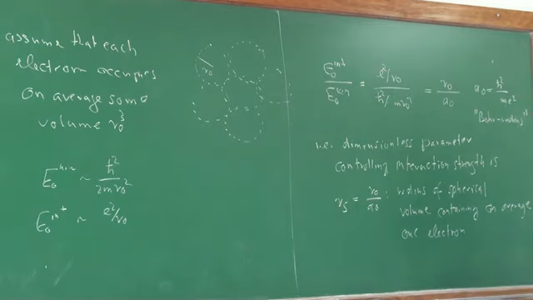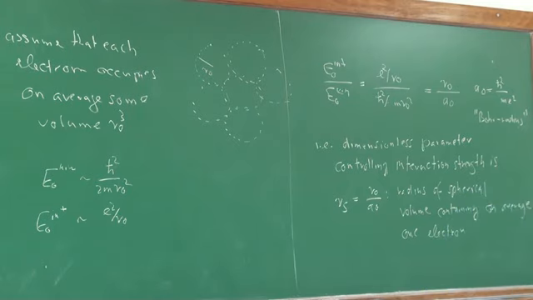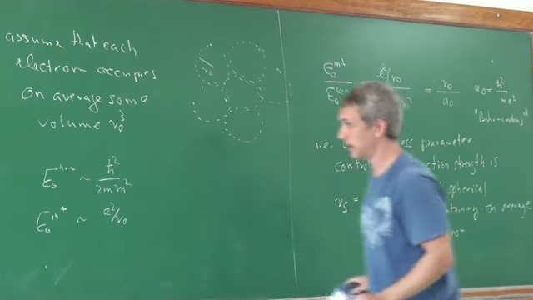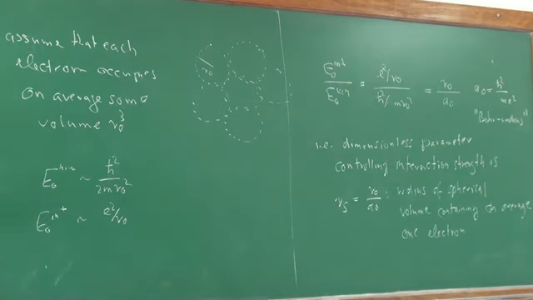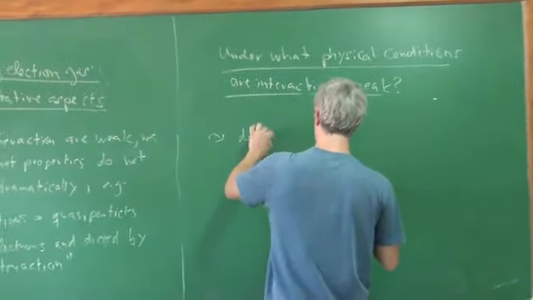You have some ħ squared or e squared. But as said, r0 is nothing but given through the density. So the physical parameter controlling the relative strength of interactions is the density.